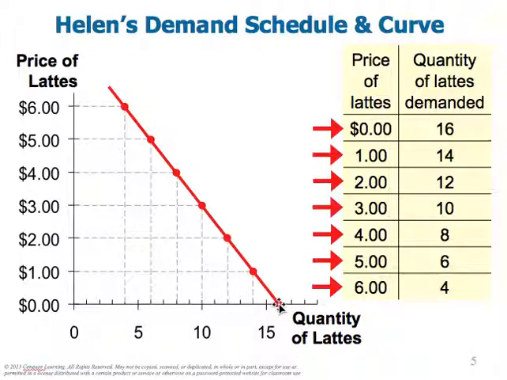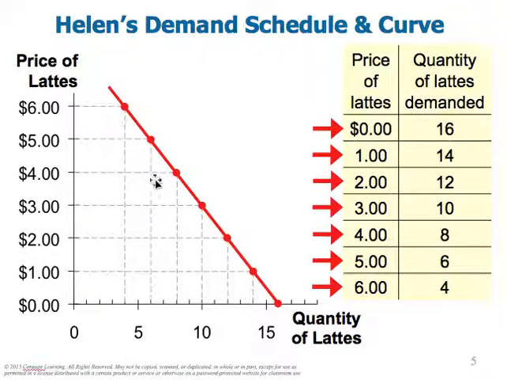If you plot the next pair of points, $1 and 14 lattes, that's 1 here and 14 lattes right here. That's the second point. Similarly, you can find all other points. After you graph all these pairs of points, you get this demand curve. This is Helen's demand curve for lattes.